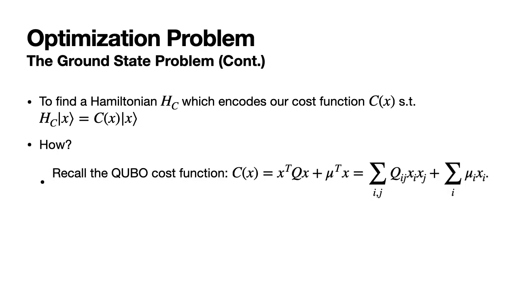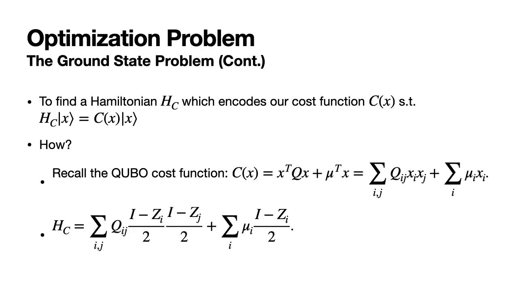Recall that the cost function of QUBOs had this quadratic form, where x is the binary vector and Q and mu are the parameters defining the problem instance. Then we can construct the corresponding Hamiltonian Hc as the following, where Zj is the Pauli Z operator acting on the jth qubit, and I is the identity operator.